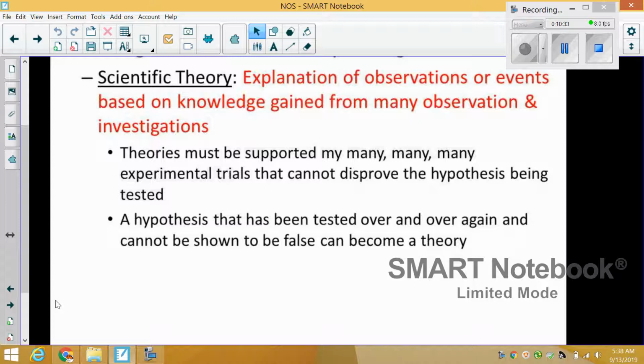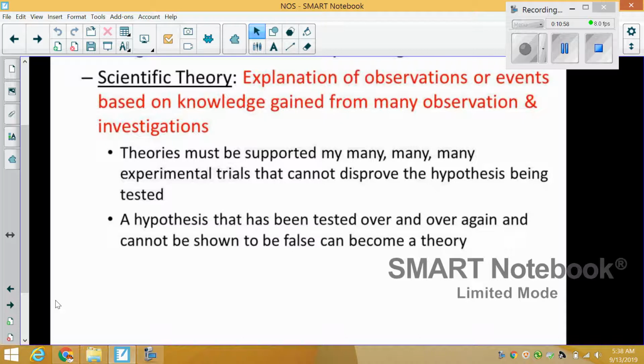Maybe you've heard of something called the Big Bang Theory. Yes, I know it's a TV show, but the Big Bang Theory is actually an idea of how the universe started. It's the idea that the universe started from one tiny little speck, and then there was a big explosion, and all of the matter in the universe came from that. That's an idea, and some scientists really believe it, and some scientists don't.